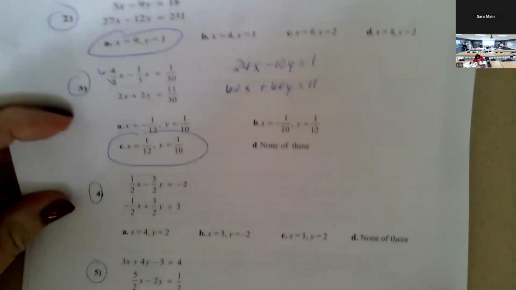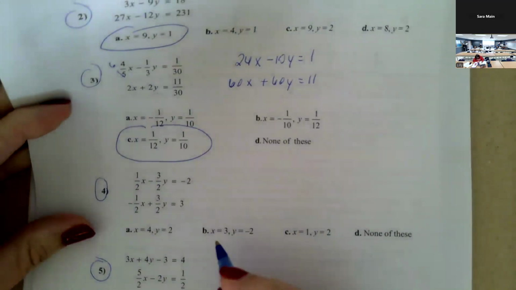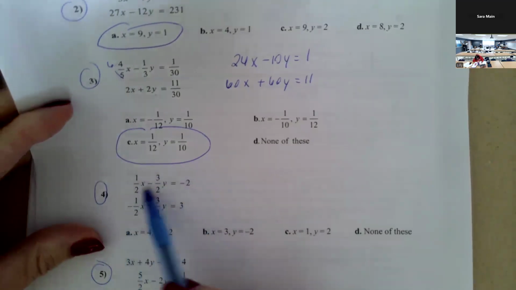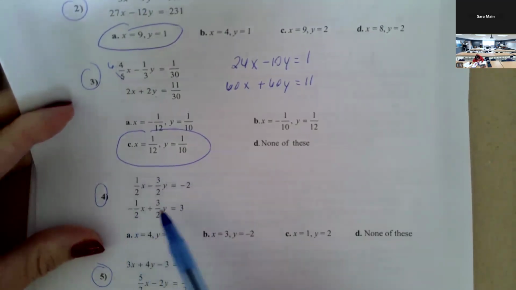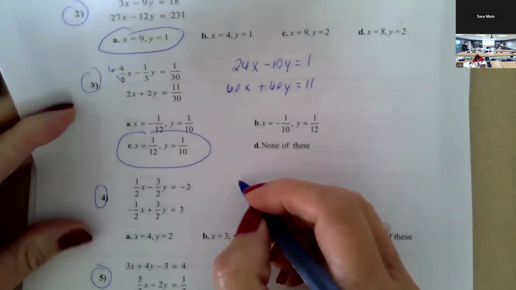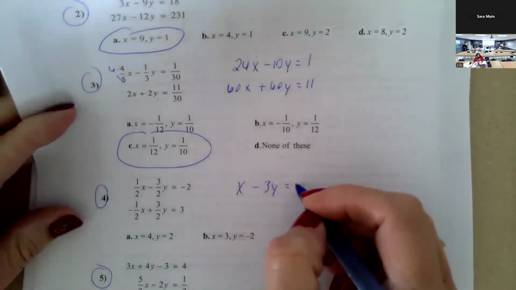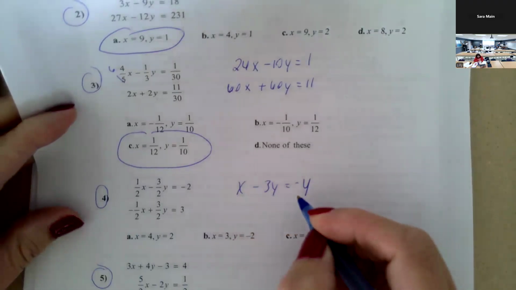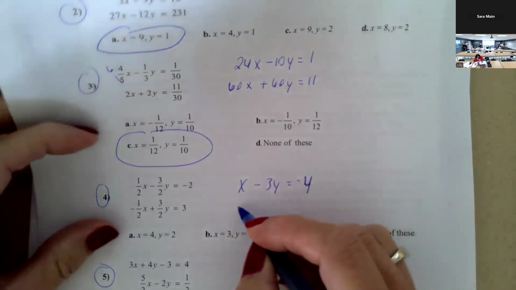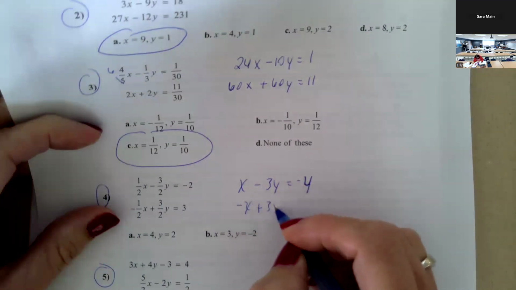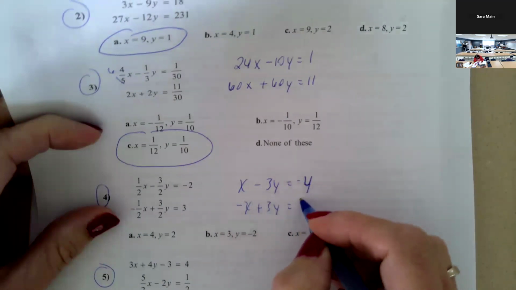Okay. Number 4. Lots of fractions on the review. That's good. We have 2 fractions set up here. They both have a denominator of 2, so I'm just going to multiply by 2 on both of them. So this will be x minus 3y equals a negative 4. And then multiplying by 2 on the bottom, we get a negative x plus 3y equals 6.